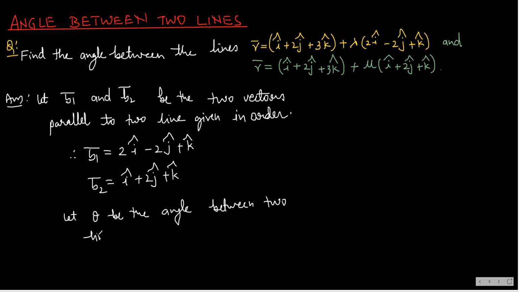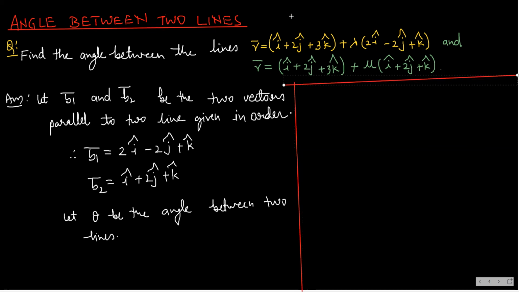Therefore cos of theta equals b1 bar dot b2 bar divided by mod of b1 bar into mod of b2 bar.